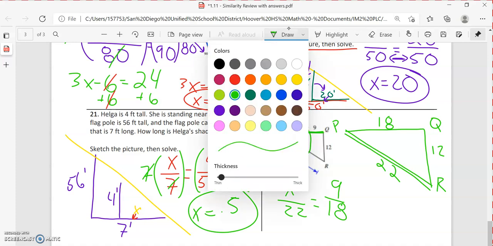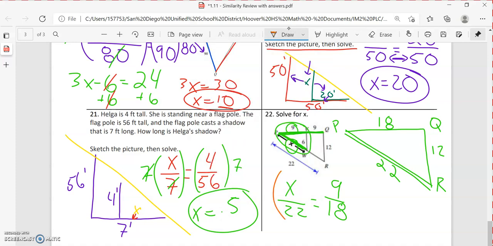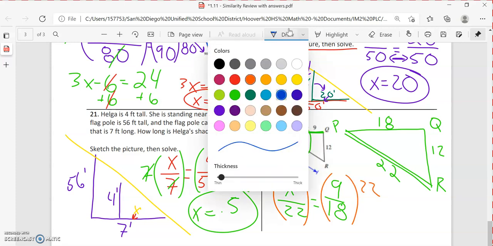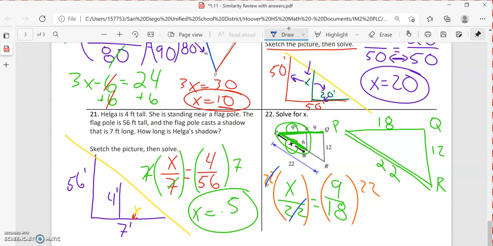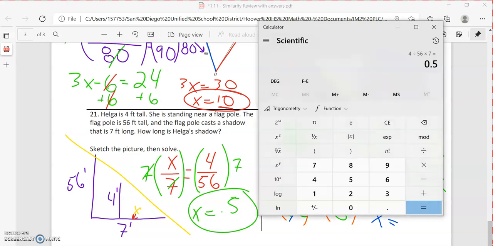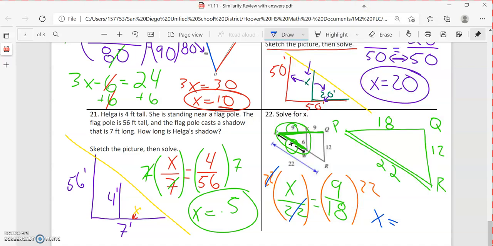Multiply both sides by 22. That's what's happening to our x is being divided by 22. 22s cancel out. X now by itself. Let's put in 9 over 18 times 22. You might be able to do that in your head. 11 is our last answer. And remember, it says we're solving for x here. So that's what we got.